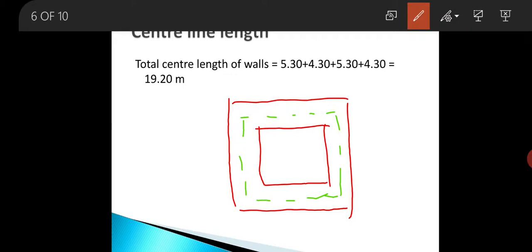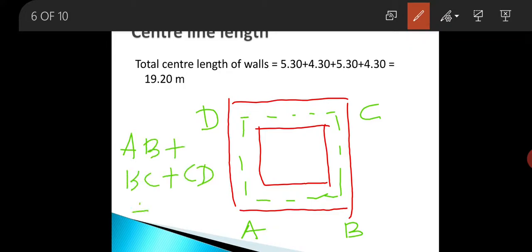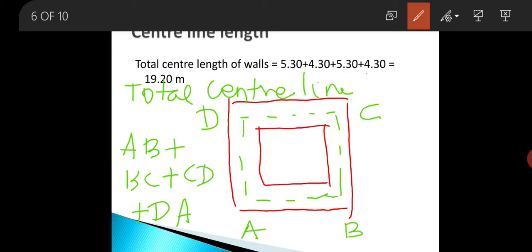The sides will be designated as AB, on this side this is BC and on this side this is CD. So the total center line length will be AB plus BC plus CD plus DA. This is the total center line length.